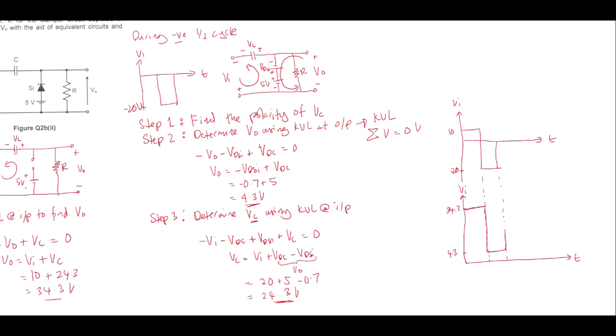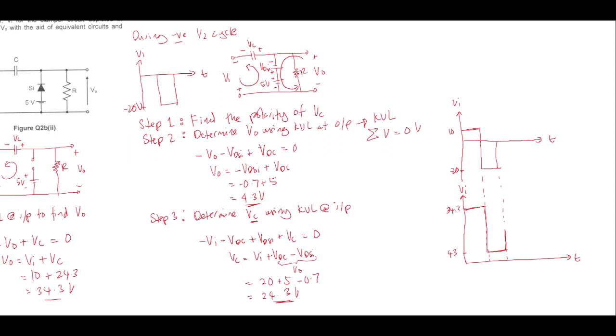So the pattern of the waveform should be the same as what you see at the input. Basically the waveform pattern is the same, but the difference is the position, either upward or downward.